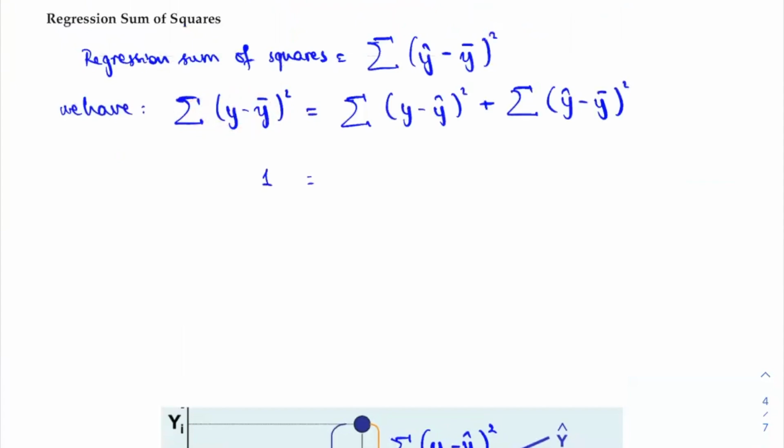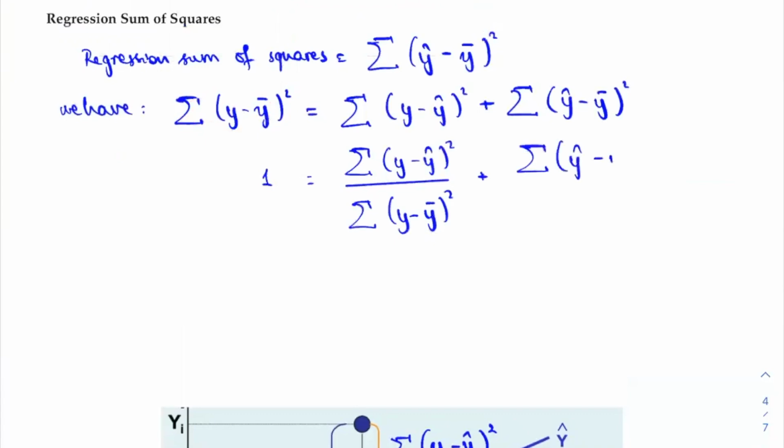You get 1 equal to the sum of y minus y hat squared over the sum of y minus y bar squared, plus the sum of y hat minus y bar squared divided by the sum of y minus y bar squared.